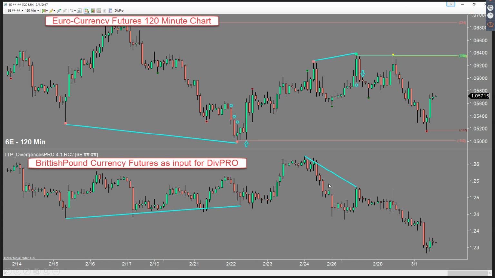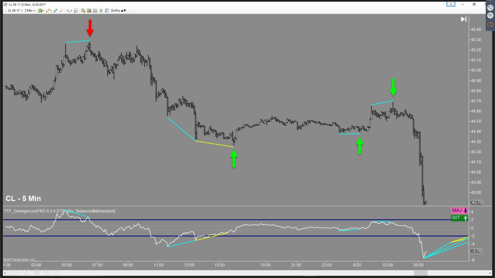So this is the Divergence Pro tool. We can actually bring in different instruments into this tool so you can compare whatever you want to do, basically. The euro currency futures with the pound. You can put basically any instrument. You could have the ES and tick, or NASDAQ and the tick Q.